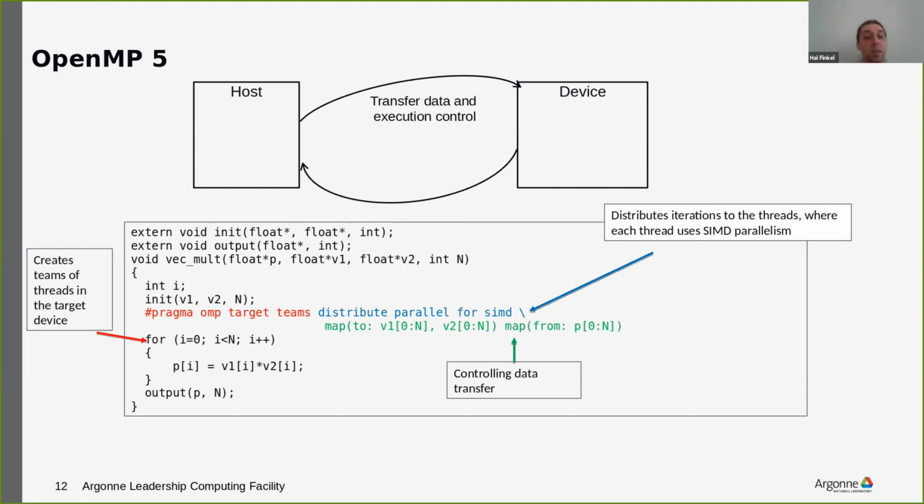And it has been extended now in order to support GPUs and other kinds of accelerators. So this is sort of well known. The way you use OpenMP is that you put pragmas in your source code, and it is a language extension that is understood by the compiler.